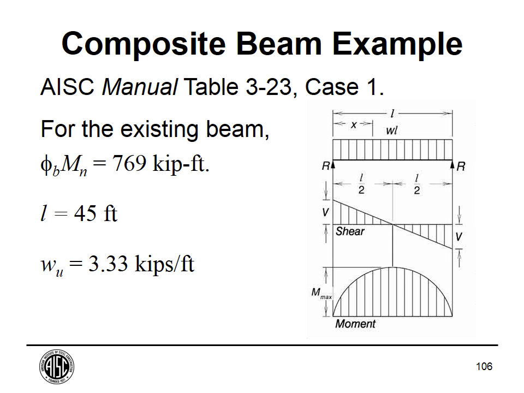So let's take a look at what we can do. We're going to take the value straight out of the example problem. Remember, this is without reinforcement. This is the moment strength of the beam before we added the angles, 769 kip feet. And then we're going to go to the manual, table 3-23, case 1, and solve for the moment as a function of x.